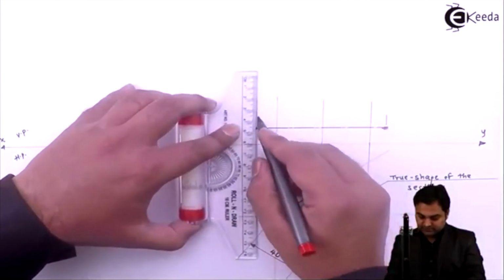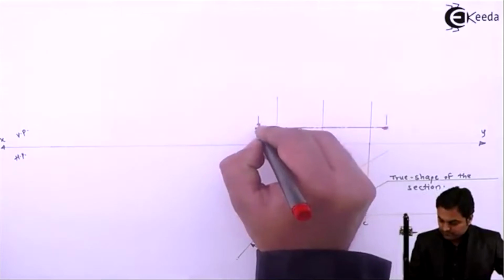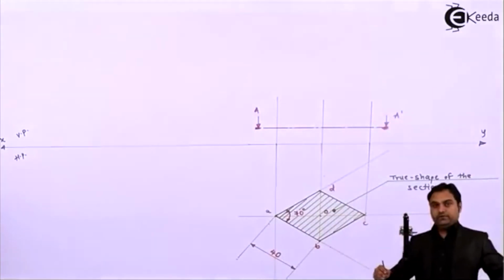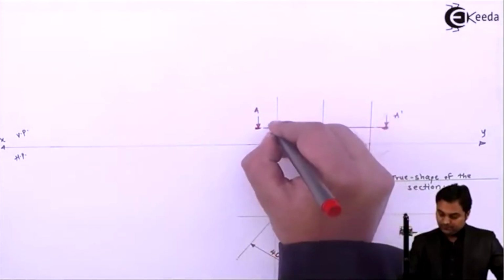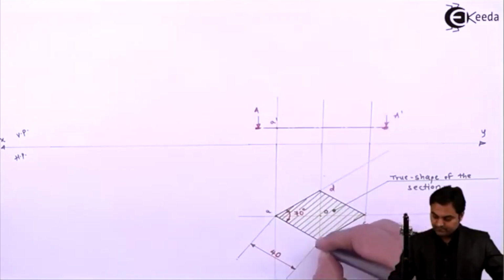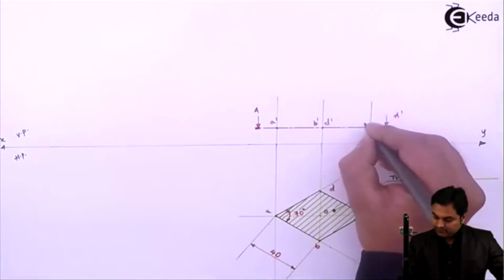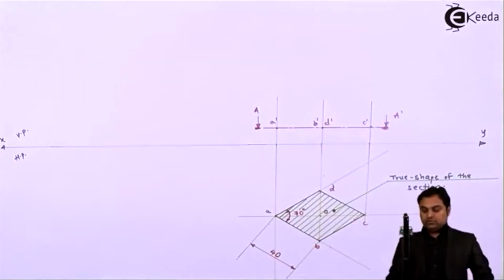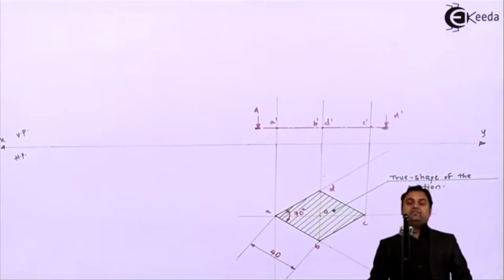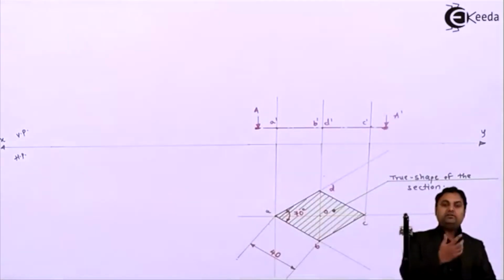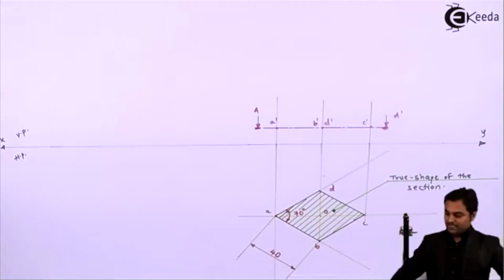This is the viewing direction, and I'll give the name for the cutting plane as A dash. Then point A will give me A dash here, B and D, B dash, D dash, and here we have C dash. So now, as I have said, this problem will go in a reverse manner. After getting the true shape, now I will plot the initial conditions.